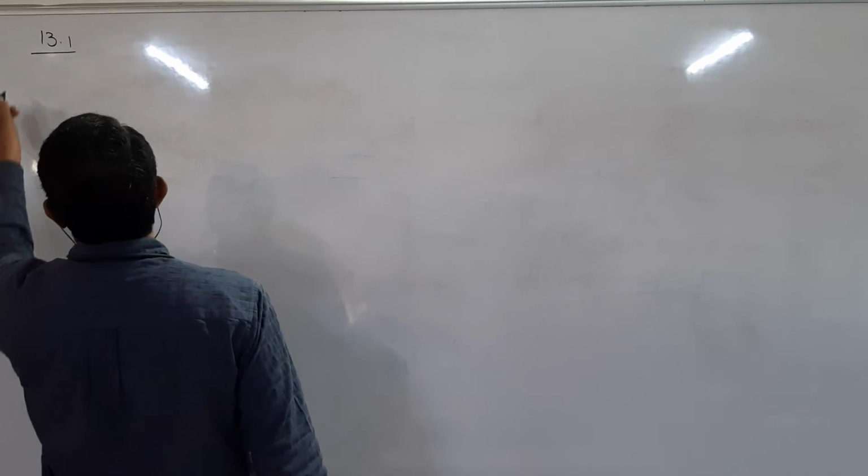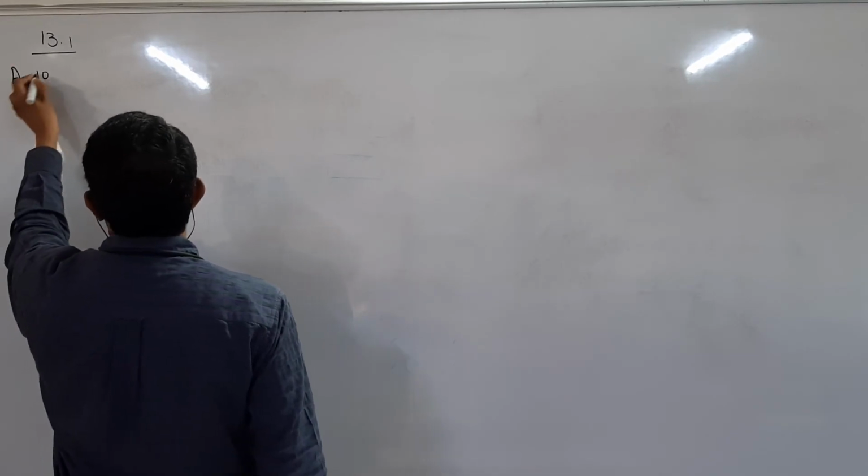Now, sum number 10. A black and a red dice are rolled together. So, fairly, in your lower standards you studied tossing of a dice twice or tossing of 2 dice once. The concept and understanding remains the same. But here, the color is different. A red and a black.